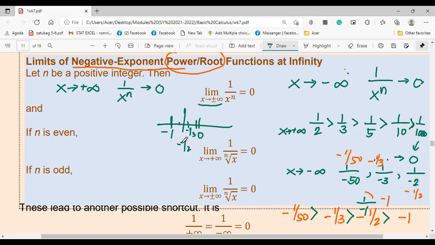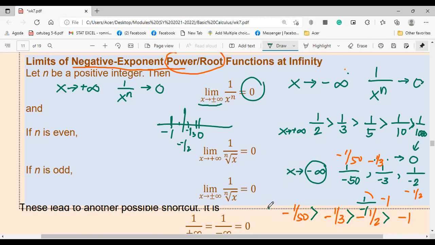Ibig sabihin, habang dinidecrease mo yung values ng x on the denominator, tuloy-tuloy naman sa pag-increase, tuloy-tuloy siya sa pag-approach sa 0.